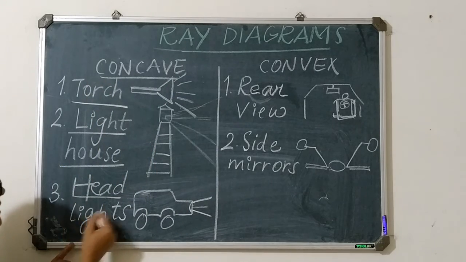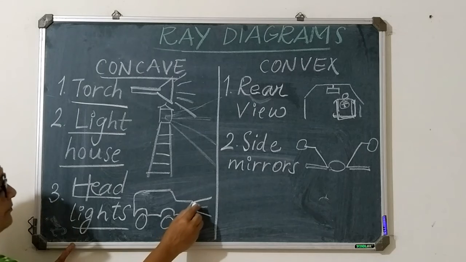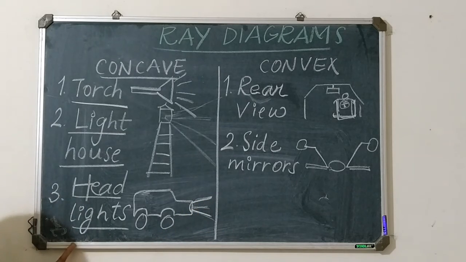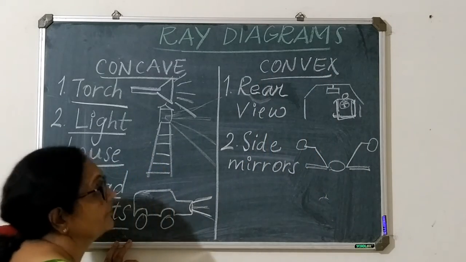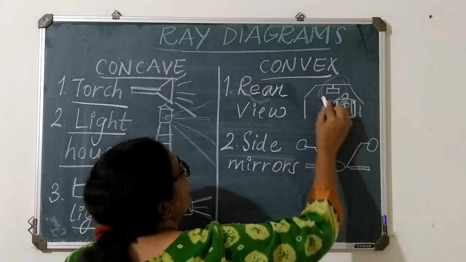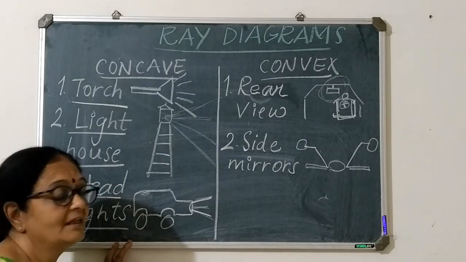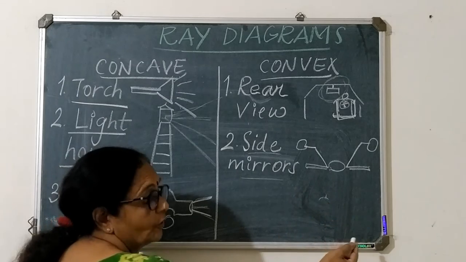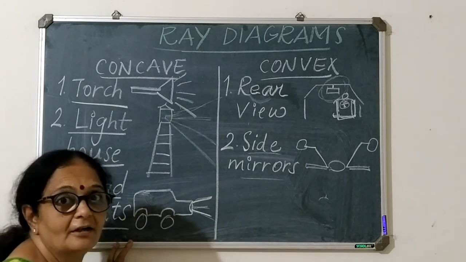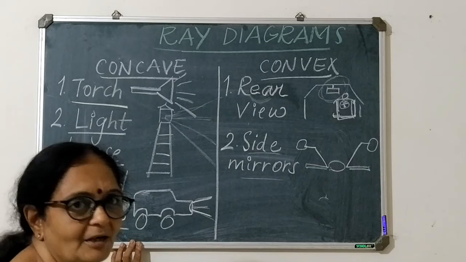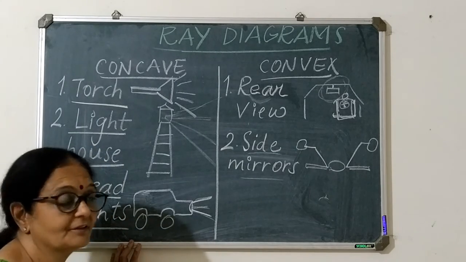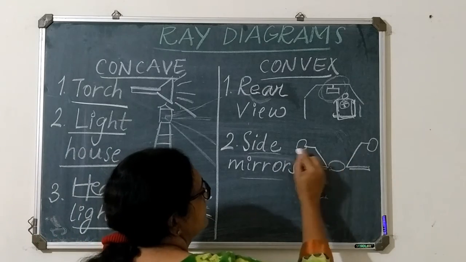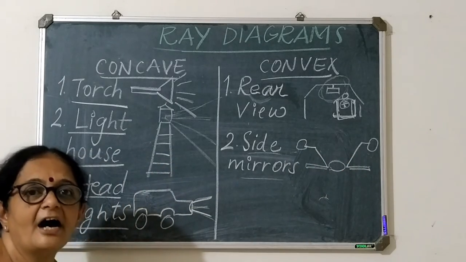And lastly, headlights of our vehicles. The headlights of your car also use concave mirrors. The use of convex mirror now. It is used in the rear view mirrors of your cars, and the side mirrors also, and bikes and scooters, if you are driving, almost everybody is using bikes and scooters now. So the mirrors on the rear side are convex mirrors.